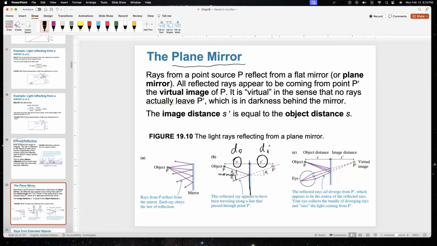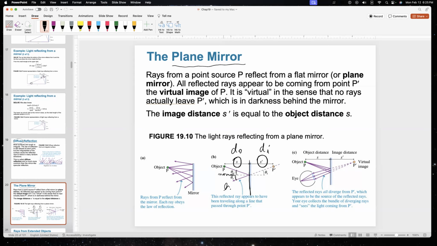What kind of image are you going to see? The image you're going to see is the image of your face across the mirror, and that image is going to have the same proportion, the same size.